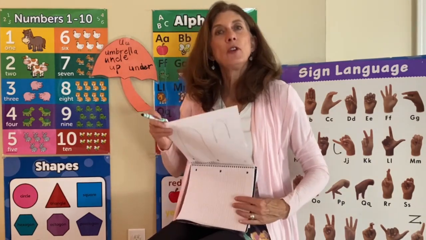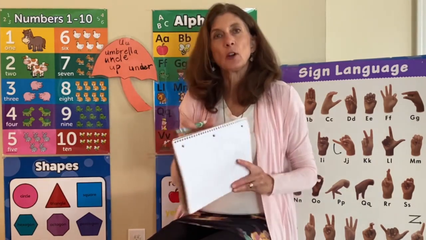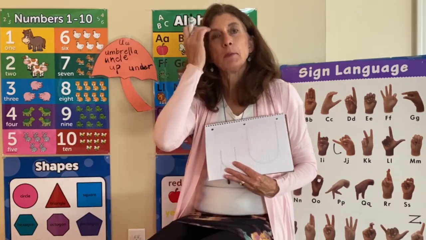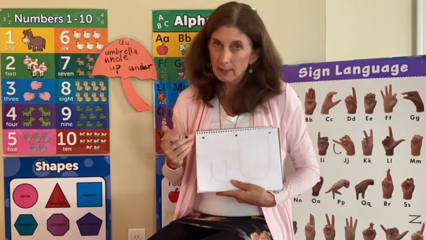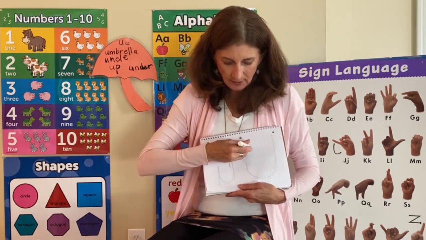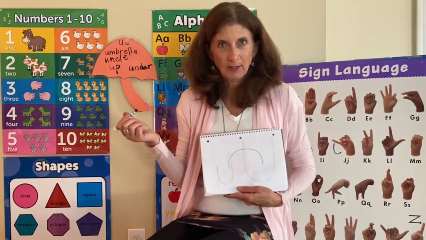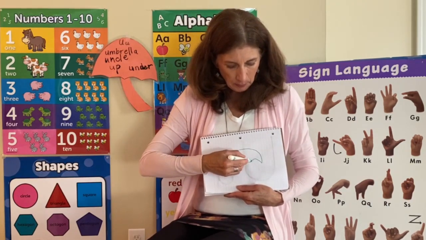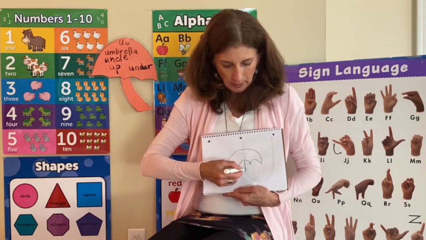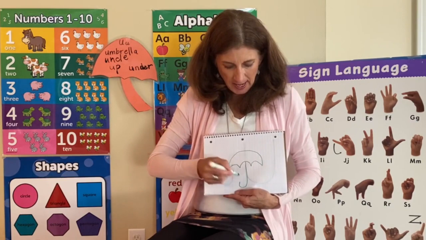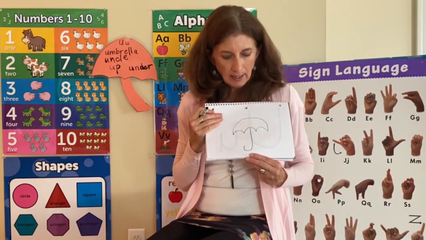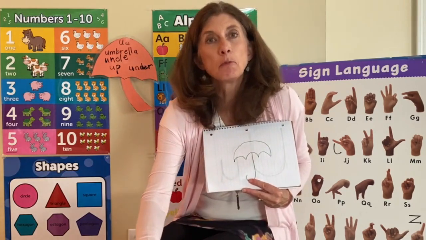Now, there aren't very many words that start with the letter U, but I'm thinking of one that might be fun to draw. It's not just a circle. It might be like a half of a circle. This is called a semicircle. I'll start with that, and then I'll put little things in it, and then I'll put a big, it looks like the letter J. J looks like a hook, and that is my umbrella.